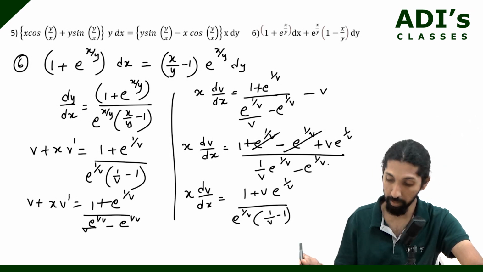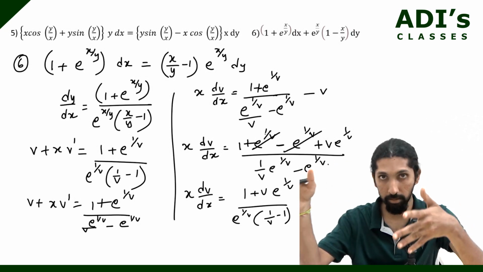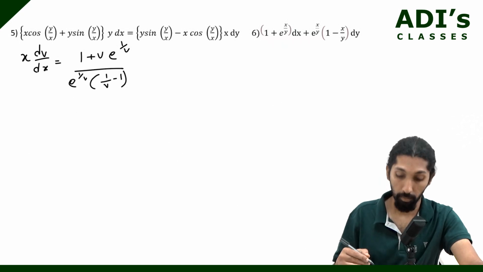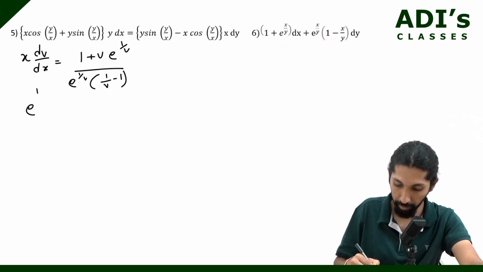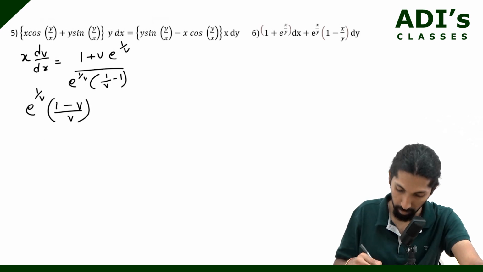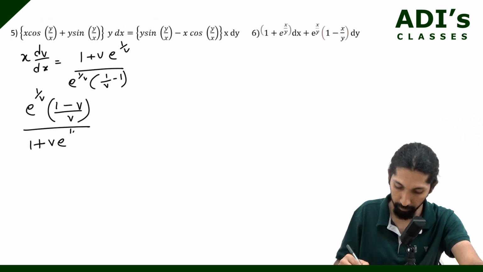We'll take the v on one side, we'll take the x on one more side, and then directly integrate. Fine? 1 by v into, see, you can also write this as 1 minus v by v, correct? Divided by 1 plus v into e power 1 by v, dv equals dx divided by x.